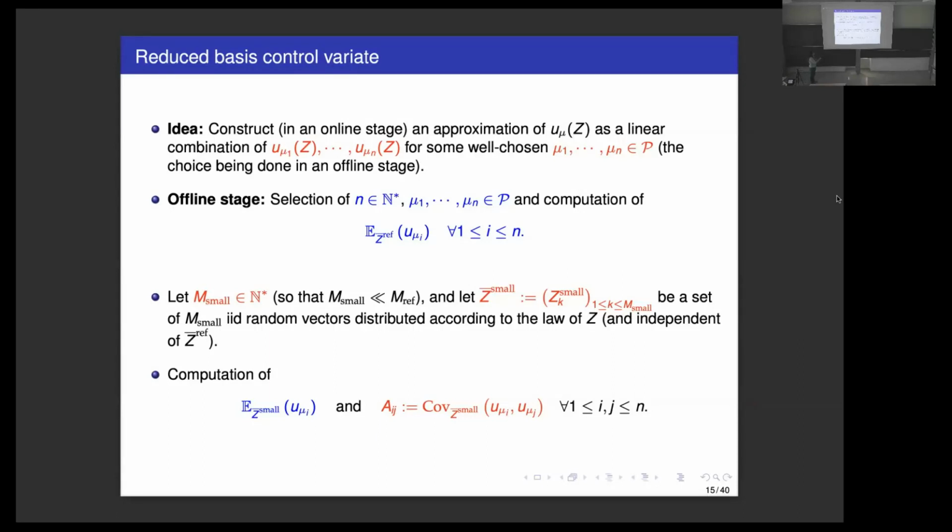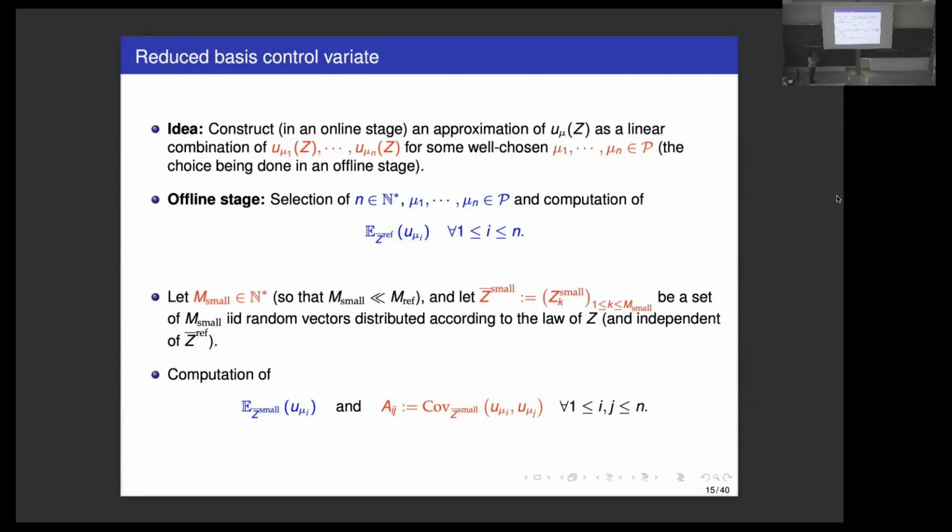In an offline stage, the expectation of u_mu_i(Z) is computed using a very large number of samples, typically the same collection Z bar ref which I introduced to present the standard Monte Carlo method. But this is done only for these particular selected values mu1, ..., mun.